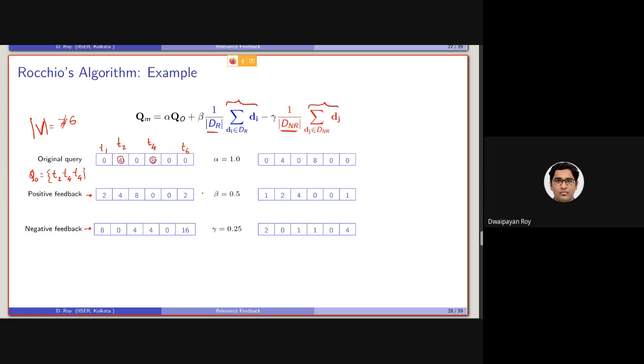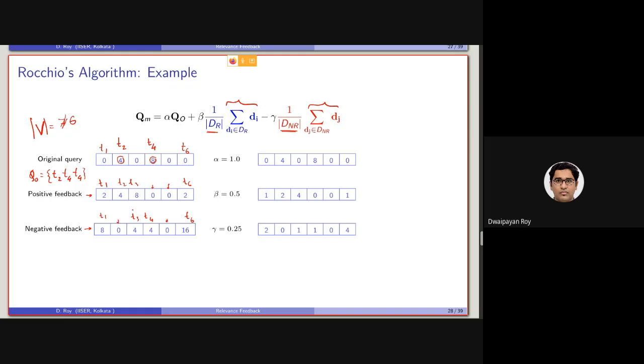So in the positive feedback vector, you can see term 1, term 2, term 3, and term 6 are given some positive weights. In the negative vector, term 1, 3, 4, and 6 are given some positive weights. This is not negative, actually this is 0.